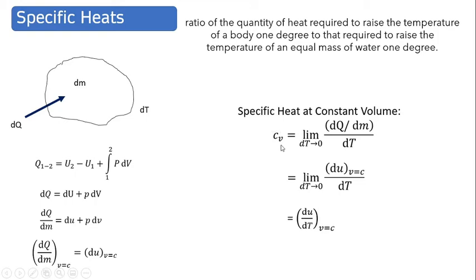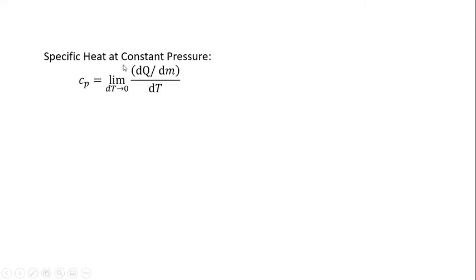So the specific heat of any substance at constant volume, which is Cv, is defined as the rate of change of specific internal energy with respect to temperature when the volume is held constant. And if we consider the specific heat at constant pressure, which is Cp, by definition we can write the equation like this.